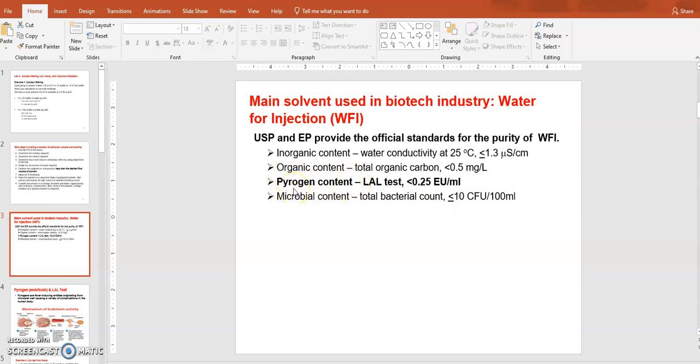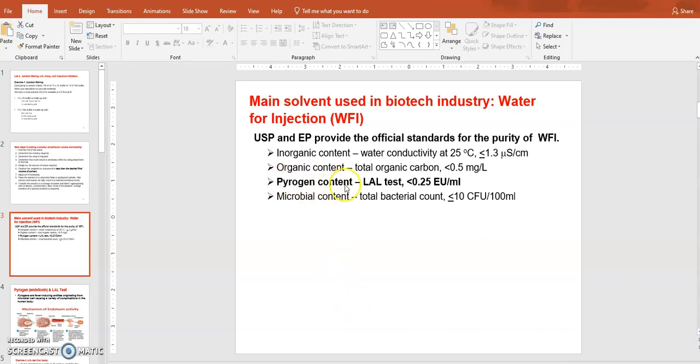And then another important thing is the pyrogen content. Pyrogens are what? Kind of endotoxins. Those are broken cell wall debris of gram-negative bacterial cells. Why is that important? Because those broken debris of gram-negative bacterial cells, if they are injected into human body, they will cause sepsis. Sepsis is a very dangerous medical condition where people can die with a high fever.